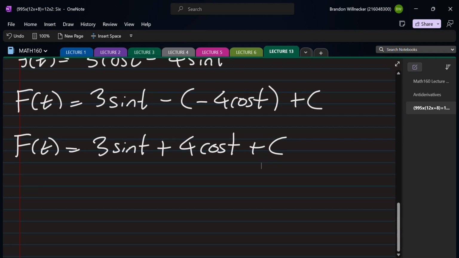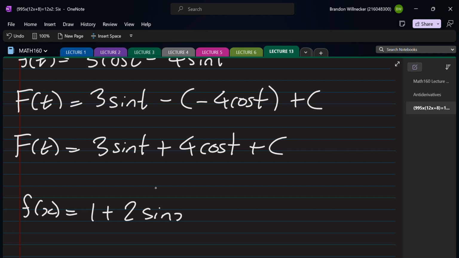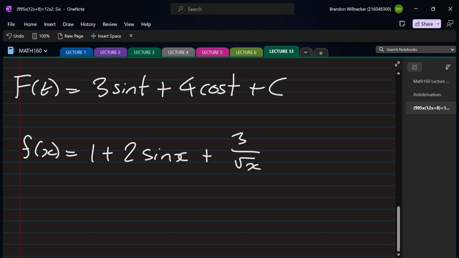Okay, one more. So we have f of x is equal to 1 plus 2 sine x plus 3 over root x. Okay, the first two, not so bad. Just remember with the sign, is there a minus, is there not a minus? Don't mix that up. Here, the 3 over root x. The root x we can write as x to the half.